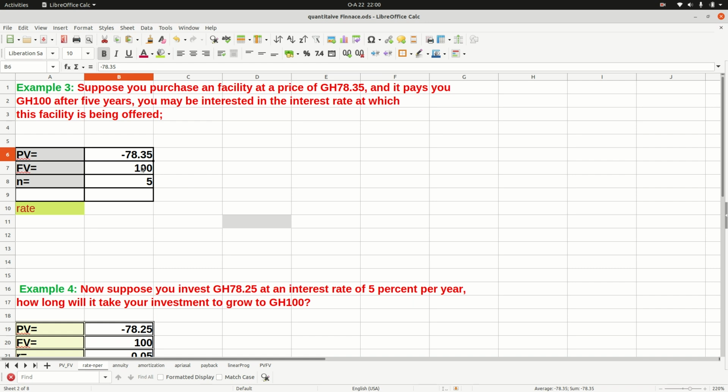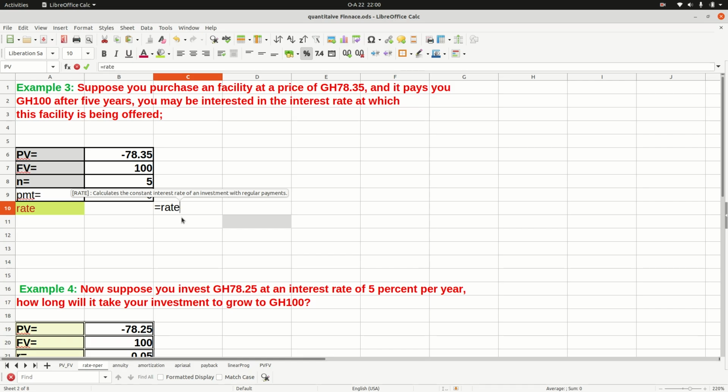So there's a future value given at 100, and then the number of periods as 5. Here there's no other payment, so regular payment is 0. It says what is the interest rate on this facility being given to you. It is not stated, so you want to find that, and that we use RATE, R-A-T-E.